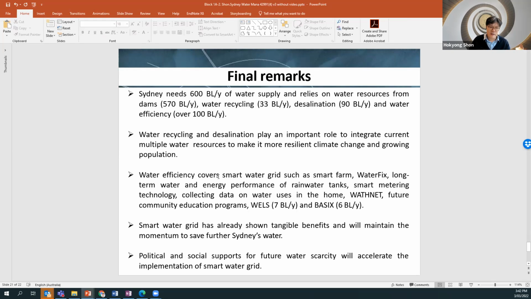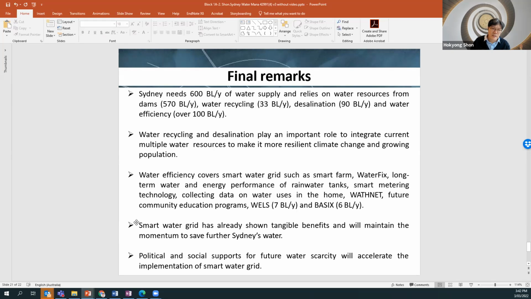Water efficiency covers smart water grids such as smart farm, water fix, long-term water and energy performance of rainwater tanks, smart metering technology, collecting data on water use in the home, and future community education programs.